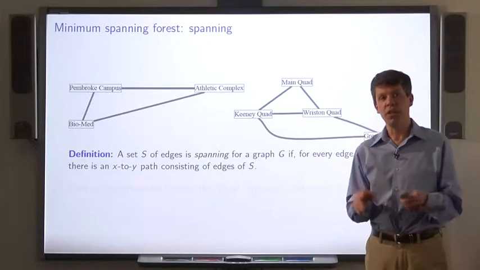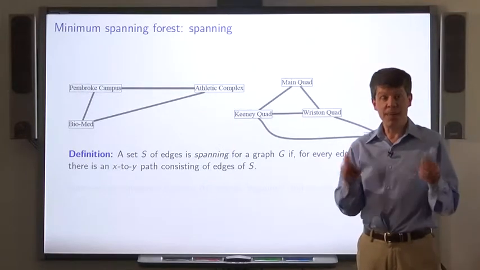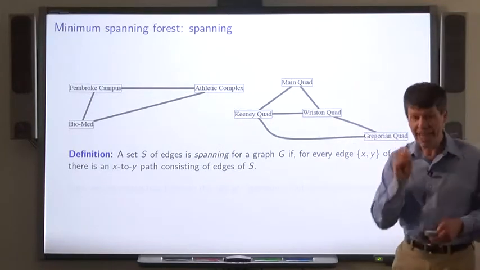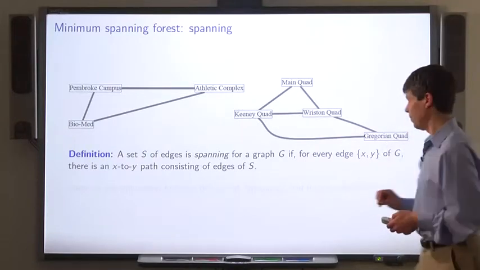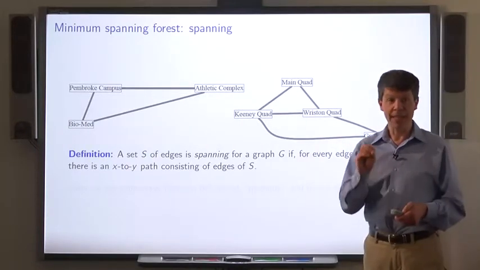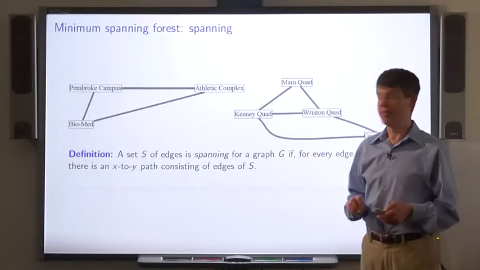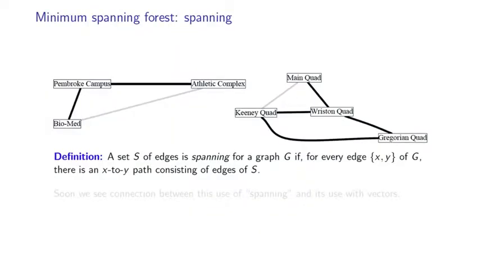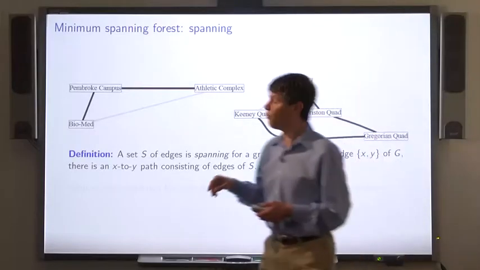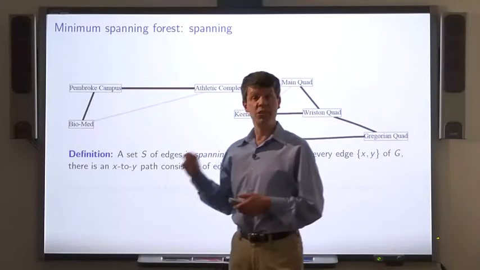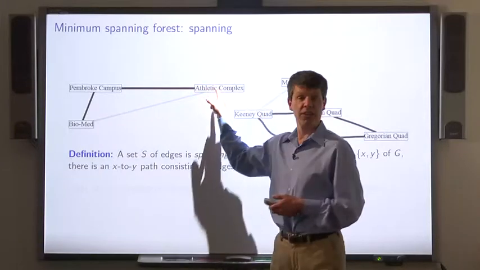A set of edges in a graph is spanning if for every edge of the graph there's a path in the set of edges connecting the two endpoints of the edge. For example, let S be the set of dark edges in this diagram. This is a spanning set. For example, consider the edge between biomed and athletic.